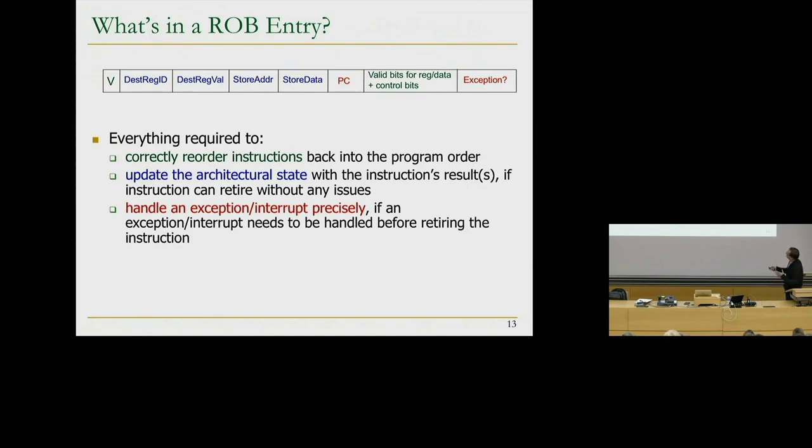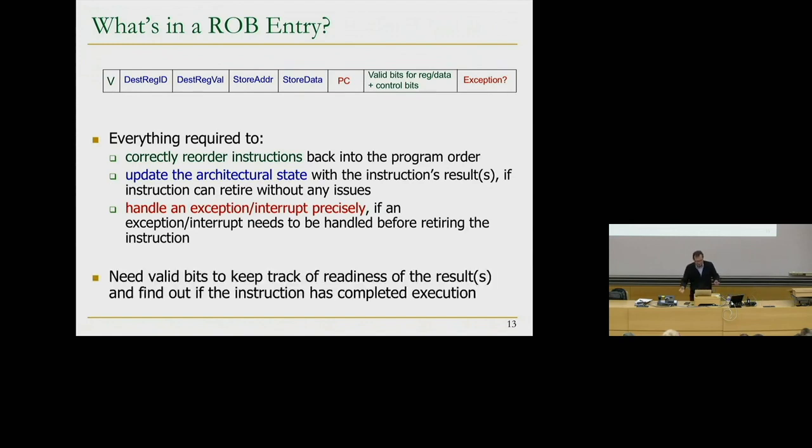So the color coding is because of that a little bit. You need all of this to update the architectural state. You need the program counter so that whenever there's an exception, you can report to the user: this program counter had an exception. And of course, the exception bit, you need to also have that. And then you also need these control bits to orchestrate everything.